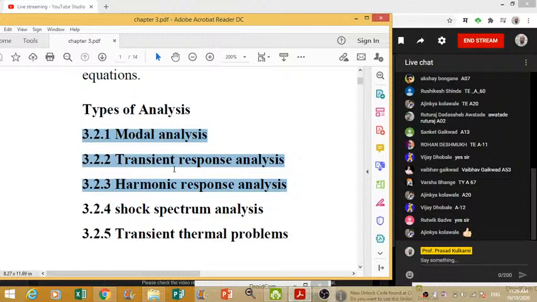Sometimes fatigue type of failure also occurs, but for any such failure, natural frequency is the important parameter that must be taken into consideration. So whenever you design a component, after designing, first of all you go for modal analysis in ANSYS software.